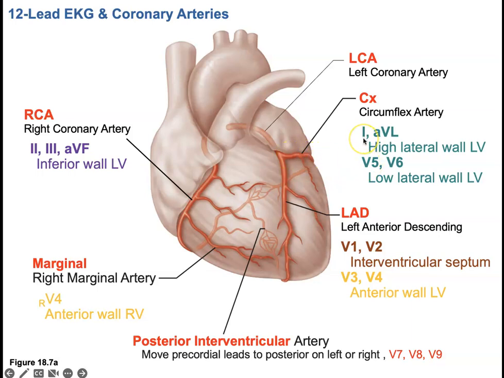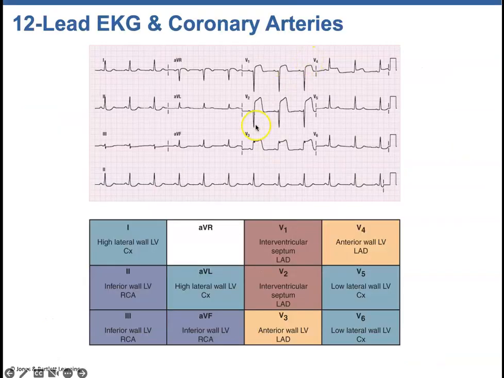So if you saw ST elevation in 1, AVL or V5, V6, or these two together and not these, when they're in what's called a contiguous lead, 1, AVL is a contiguous lead, V5, V6 is a contiguous lead, that means that it is happening. If you just have ST elevation in 1 lead, it doesn't mean that there's an MI going on there. All right, it has to be in 2 contiguous leads. Here's your LAD. So what we just saw back here, this ST elevation, right? V1, V2, V3, V4.